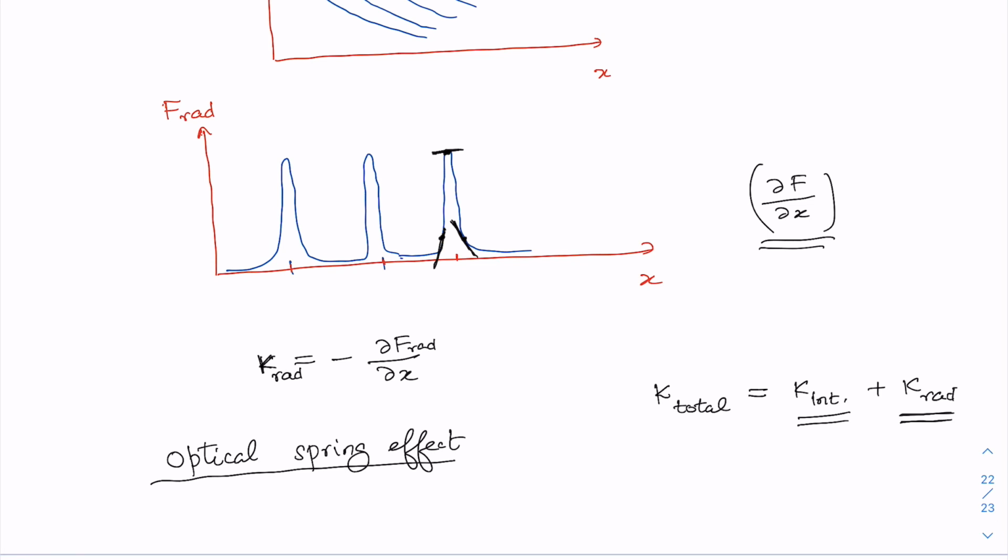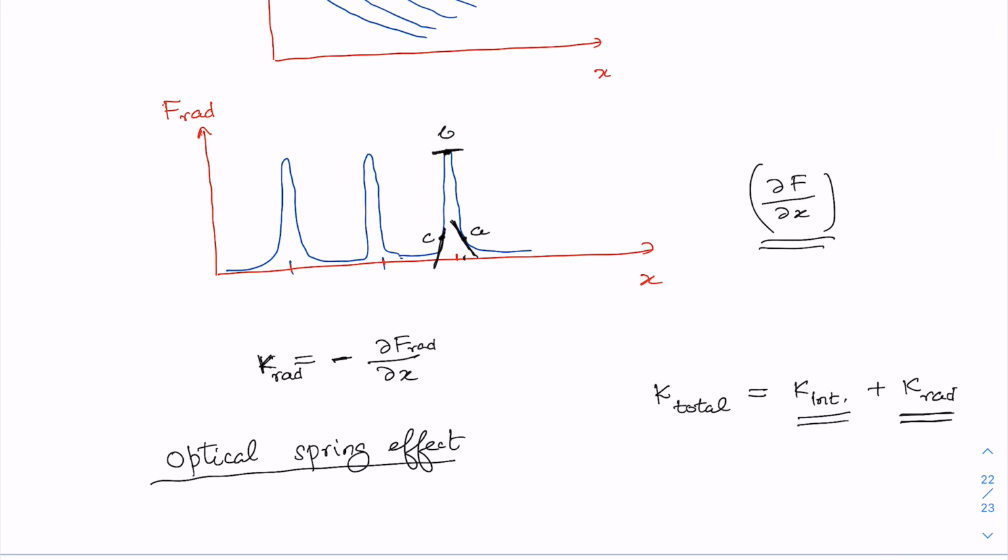Now if the slope is positive, the spring constant would be negative, right? On the other hand, at this position the slope is negative, therefore the spring constant would be positive. So let us say this is my position A, this is my position B, this is my position C of the mirror.